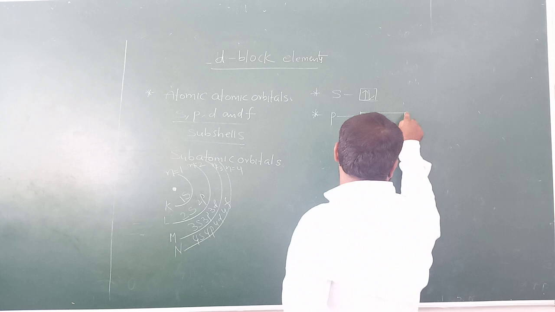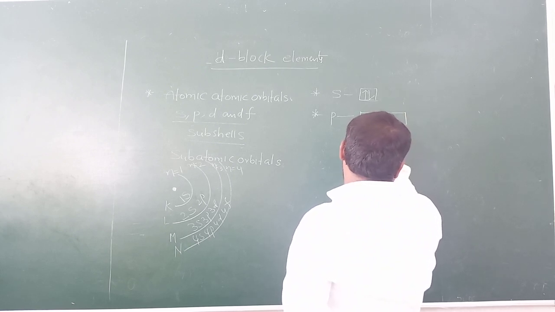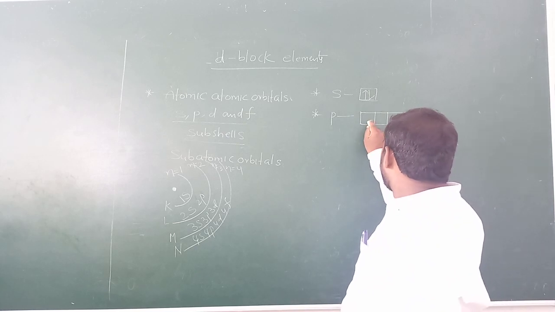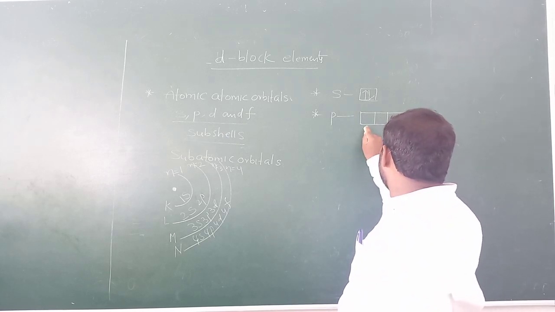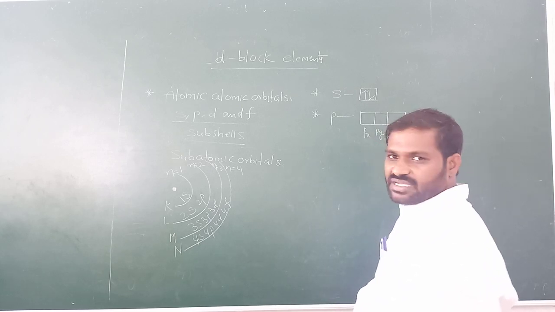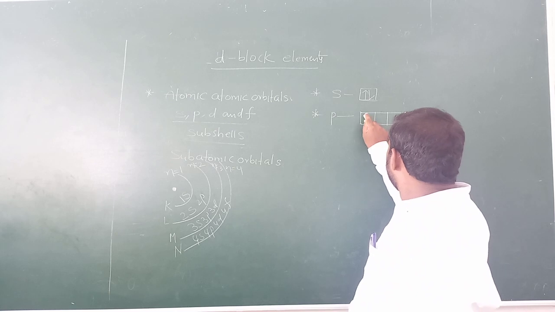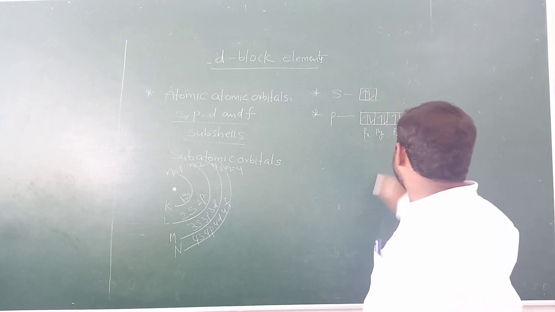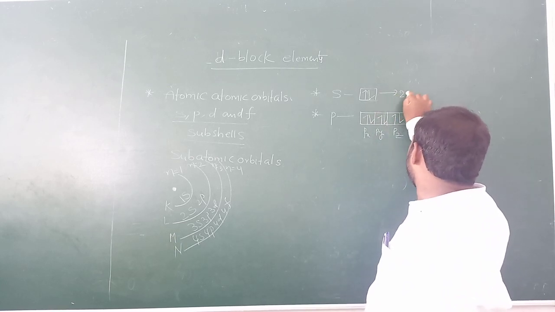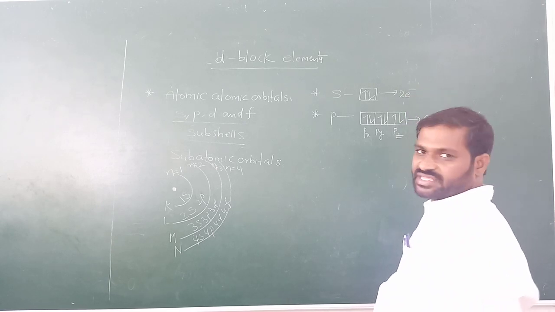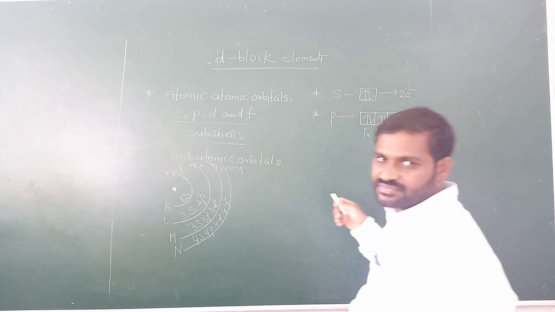It consists of 3 suborbitals, that is px, py, pz. Am I right? Now here the maximum filling of electrons in the p orbital is 6 electrons. In the s orbital we have 2 electrons only; here the maximum is 6 electrons only. 3 twos are 6. Okay, maximum.